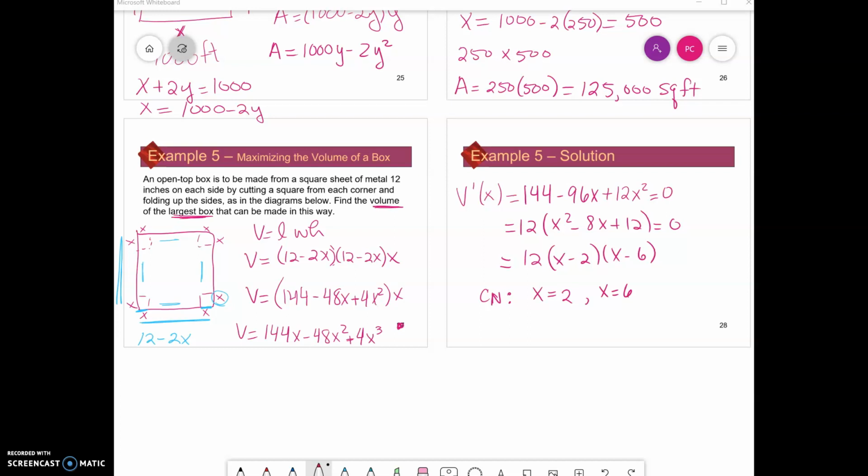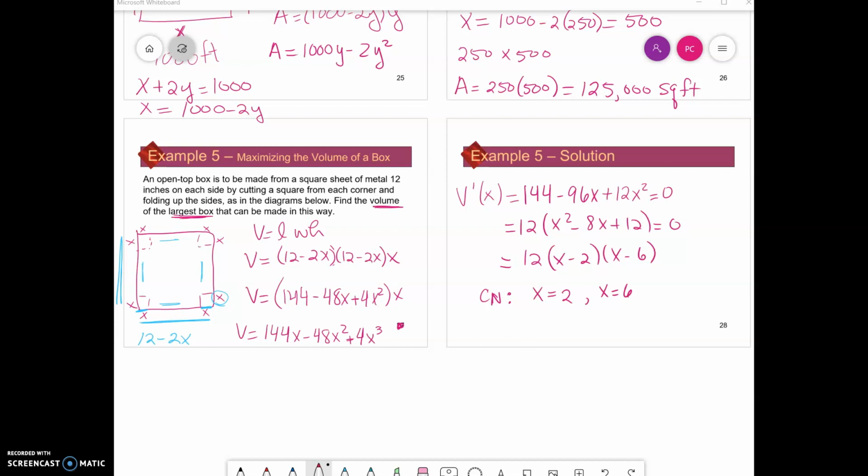Then taking the derivative, you end up with 144 minus 96x plus 12x squared, and we set that equal to 0. When we factor it out, we end up with 12 times (x minus 2) times (x minus 6), giving us critical numbers of x equal to 2 and x equal to 6.